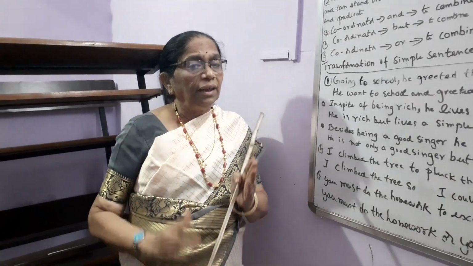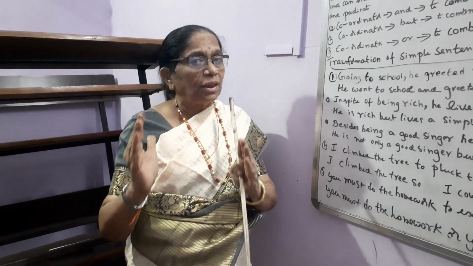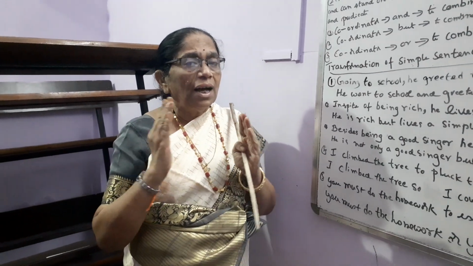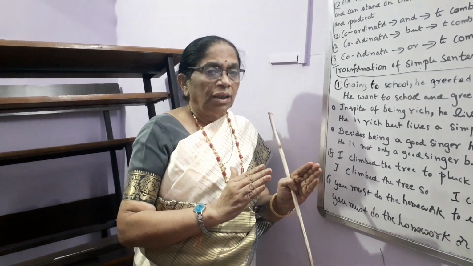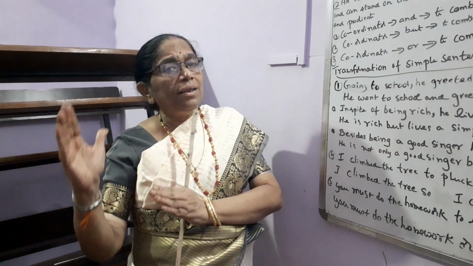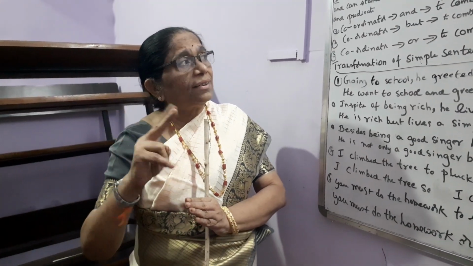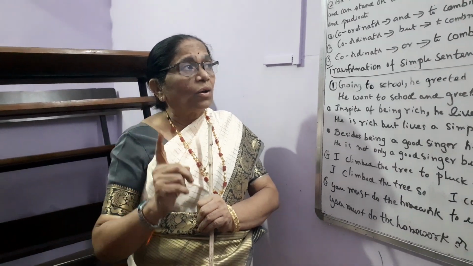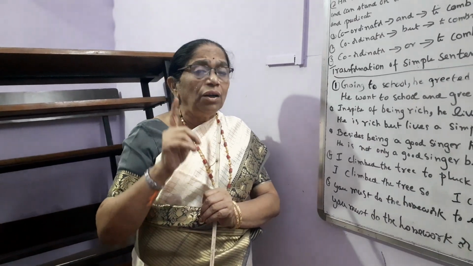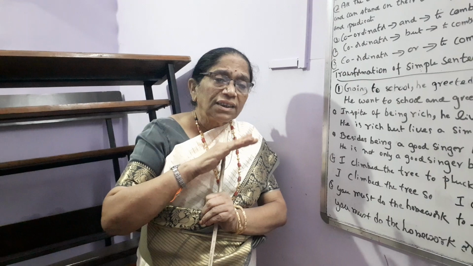Here there are two independent clauses. I am a doctor. Second one is, you are an engineer. These two clauses are independent clauses and they can stand on their own separately.